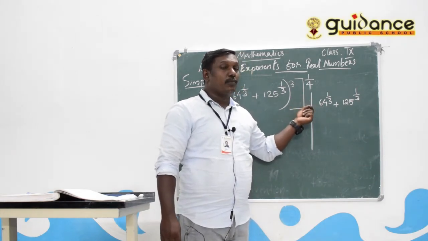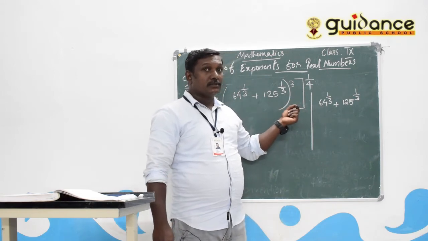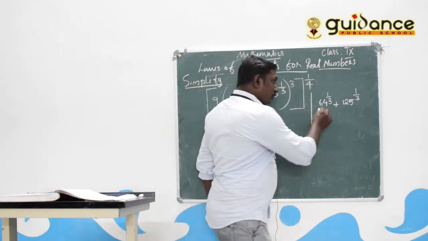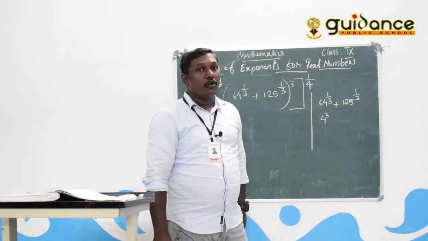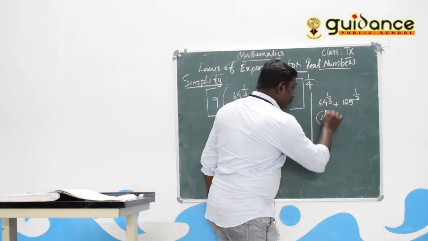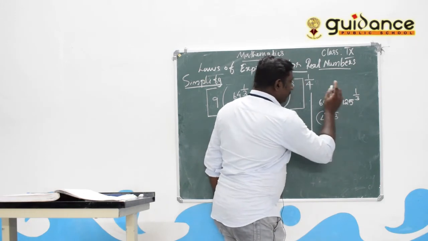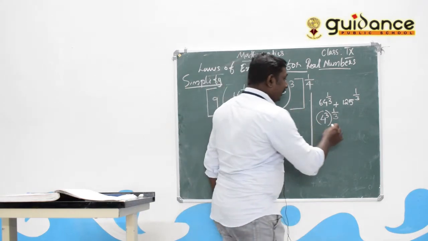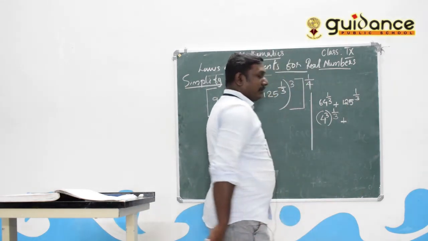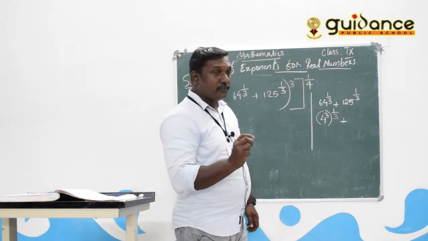Yes, it is the cube of 4. So 64 we can write as 4 cube, so 4 cube all raised to 1 by 3, because 64 is the cube of 4. And the same way we can write 125. 125 is the cube of 5.